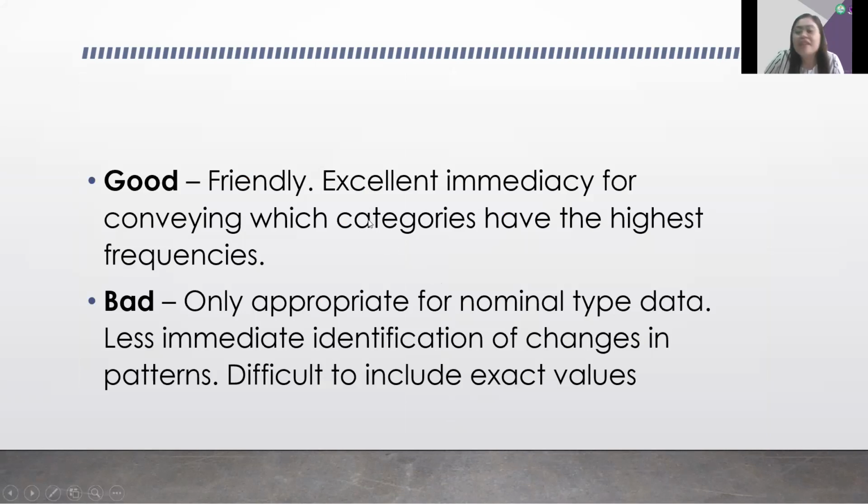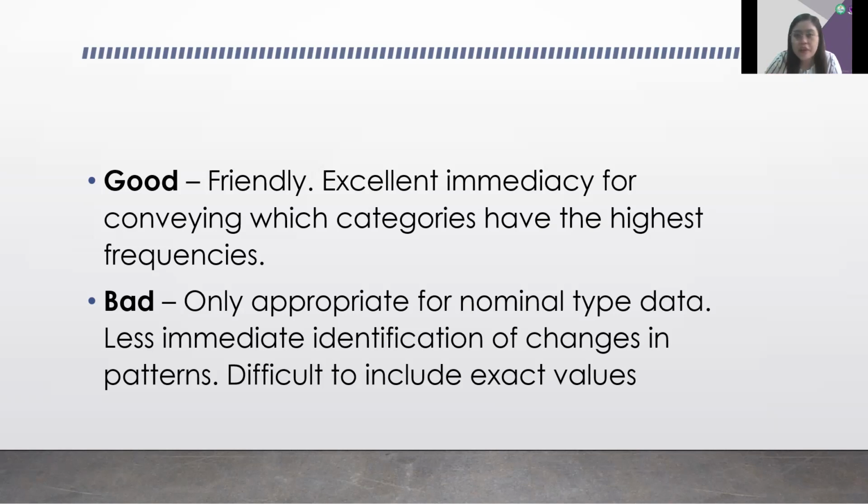But the bad thing is this is just appropriate for nominal type of data. We don't really do this for ordinal and scale data. When you say scale, it's both interval and ratio. Okay? And just like with our histograms and our bar charts, the exact values here are lost.